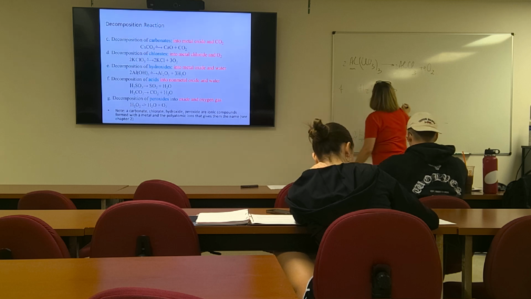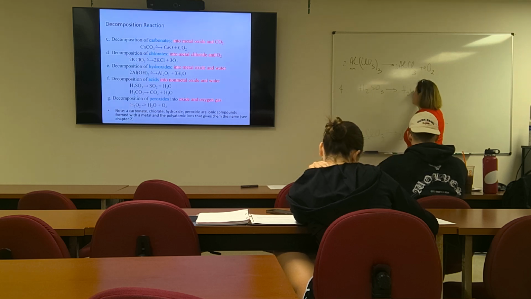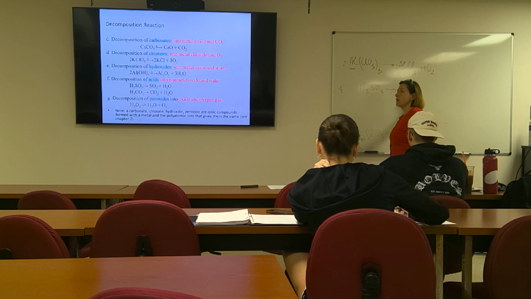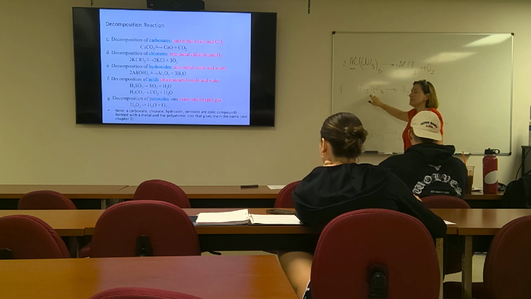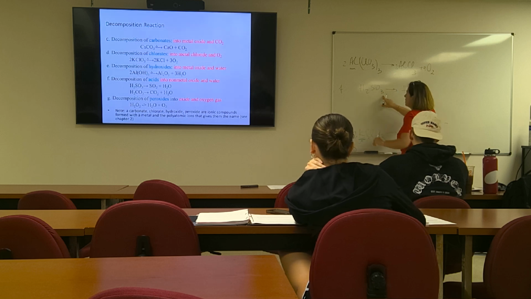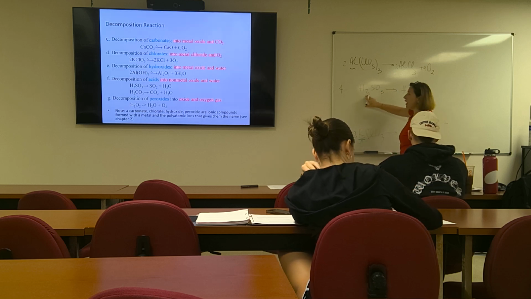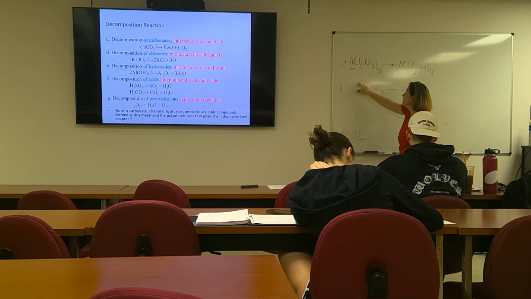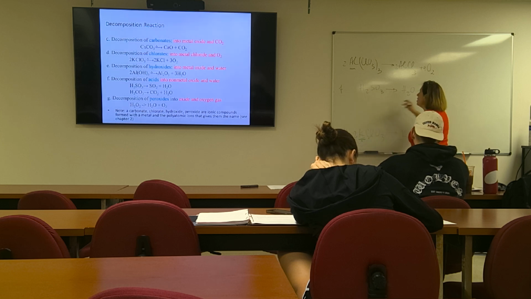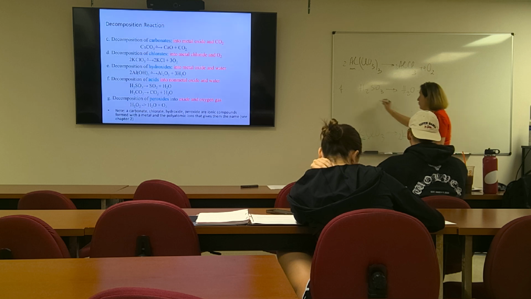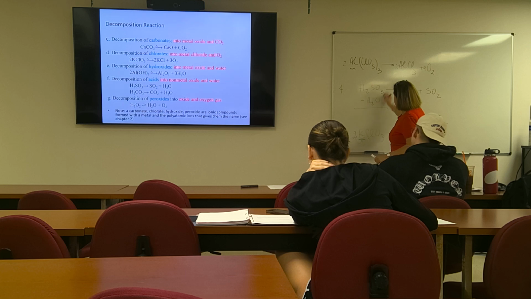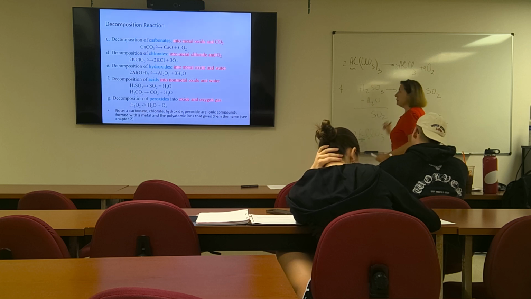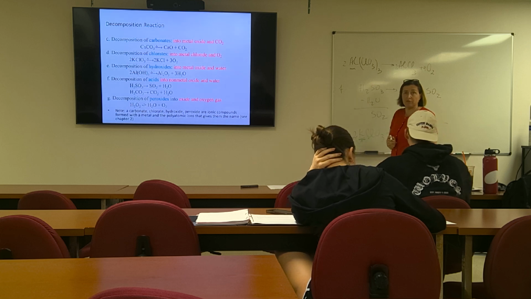You know that you should get water. I'm gonna write water first. Remember when I told you that it doesn't matter which one you write first. And then you have to write whatever is left after you subtract 2 hydrogens and an oxygen from here. If you take 2 hydrogens and 1 oxygen from this sulfurous acid, you're gonna get SO2 left over.